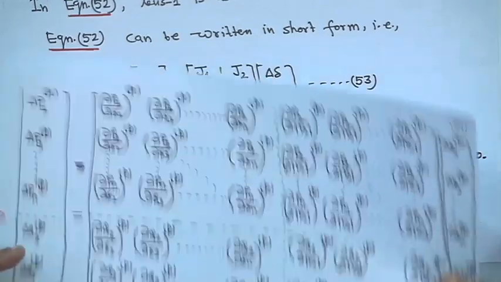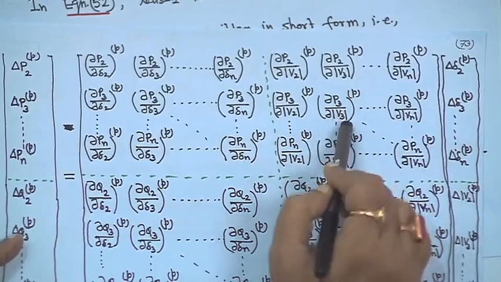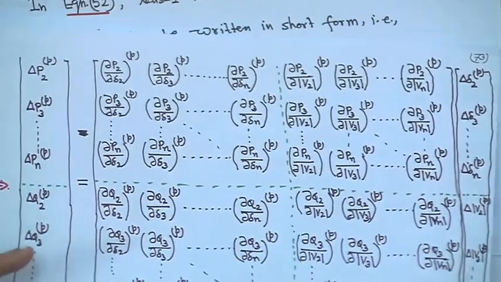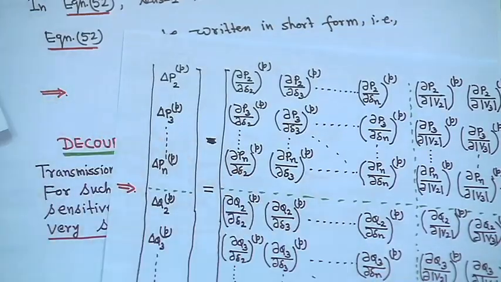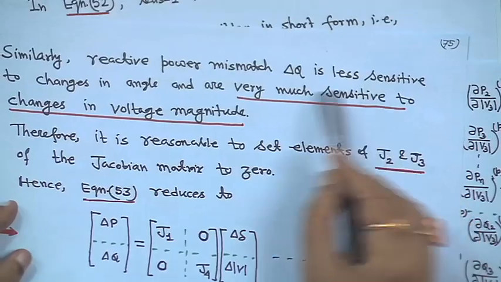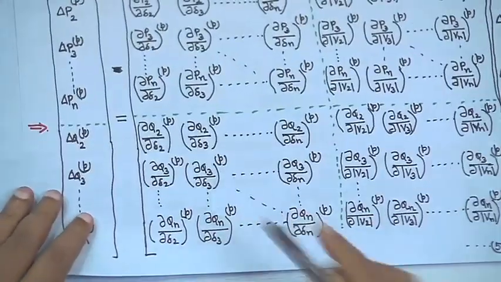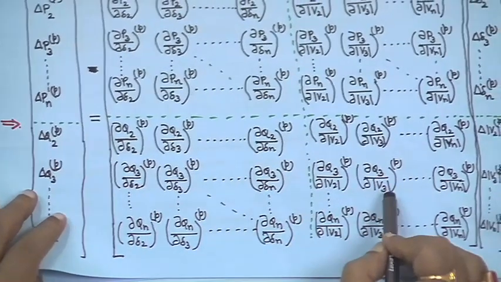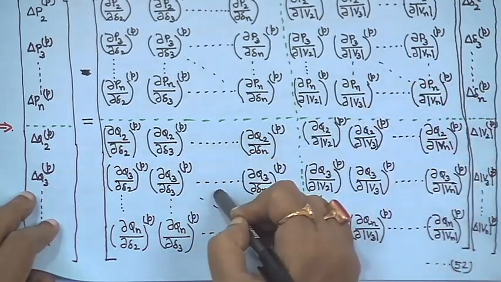So, in that case this matrix we will neglect, and only this one we will consider. Similarly, the reactive power mismatch delta Q is less sensitive to changes in angle. So, this part, the reactive power changes, is quite less sensitive to changes in angle, but very sensitive to changes in voltage magnitude. That means, this part and this part will drop, right.